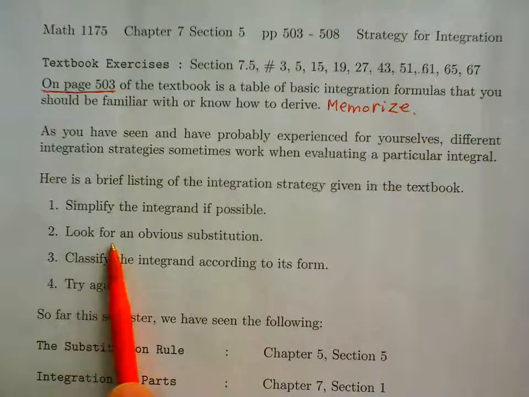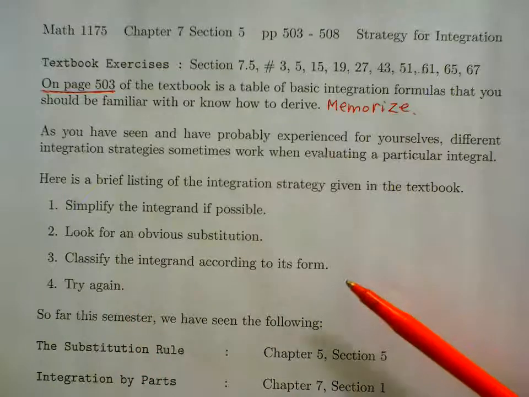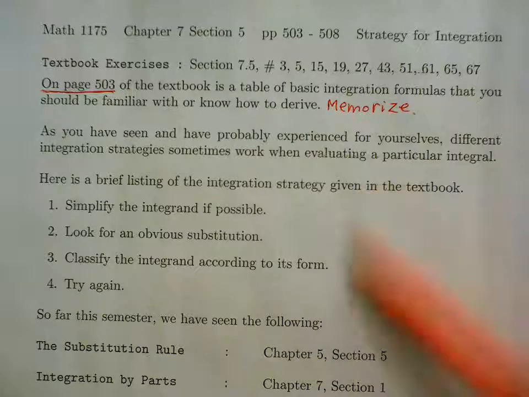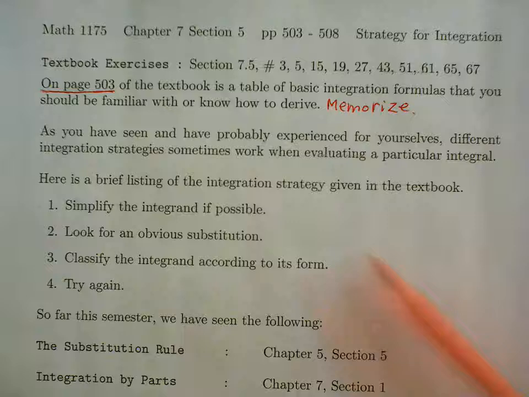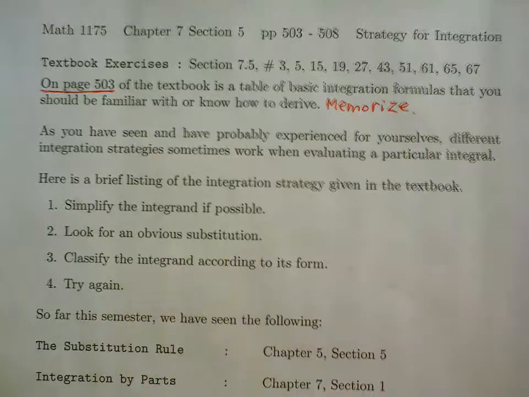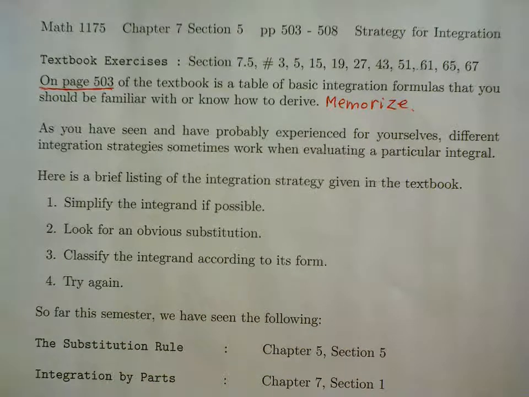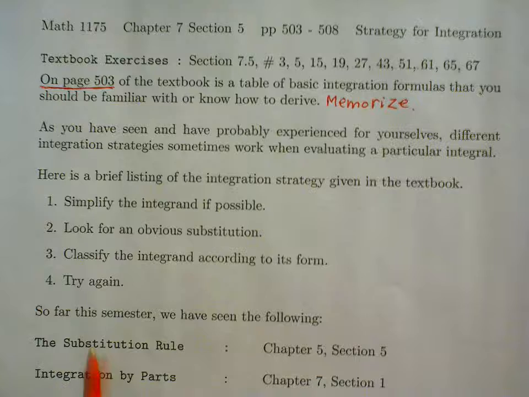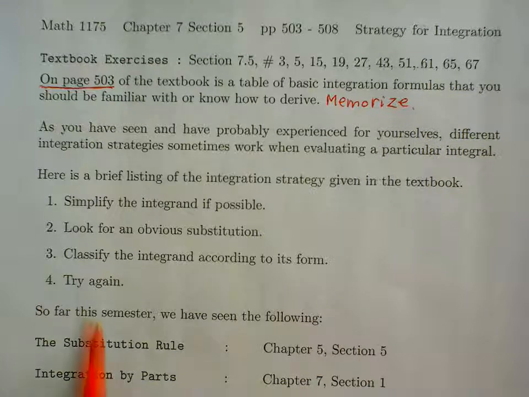Look for an obvious substitution. Classify the integrand according to its form. If you come up empty, then try again. One thing you can count on: if there is a problem in the textbook, it can be solved. So if you fail at solving it the first time, then try again.